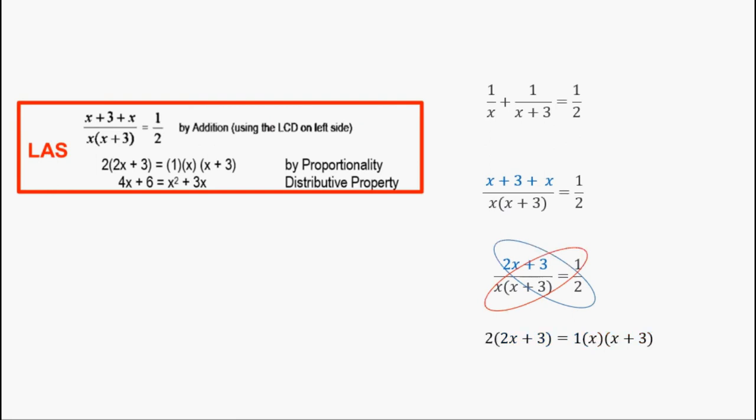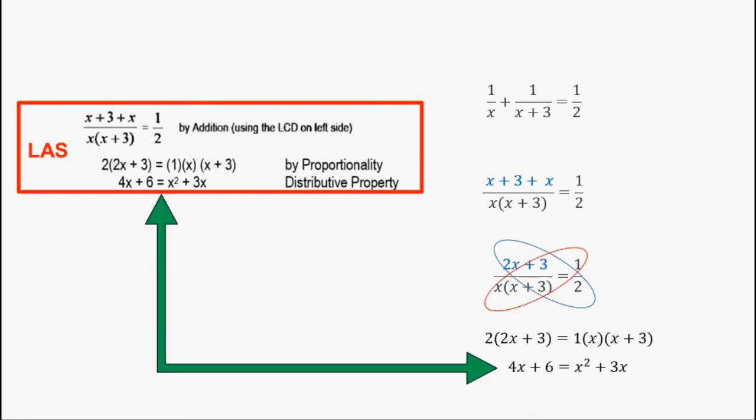Applying the distributive property, we have 4x plus 6 is equal to x squared plus 3x. Ayan, pareho pa din, di ba? Magkaiba ng way, pero kapag alam mo ang basics ng operations on fractions, lagi tayo magtatagpo sa iisang tamang sagot. At yan ang lesson natin tungkol sa solving problems involving quadratic equations and rational algebraic equations.